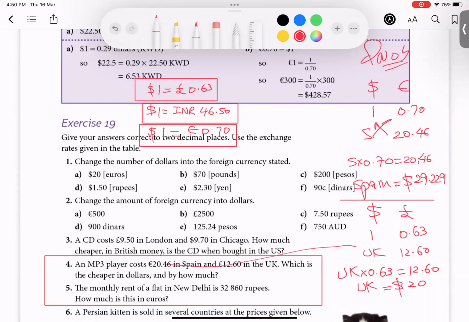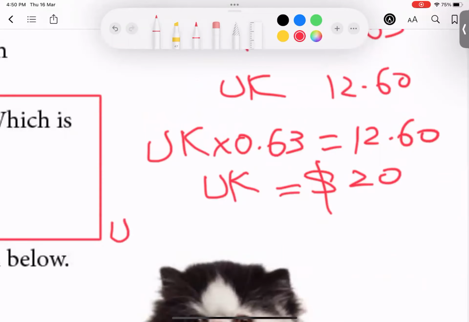So he's asking which is cheaper. In Spain it is 29 point something, and in the UK it is 20. So naturally, UK is cheaper. UK is cheaper by how much?